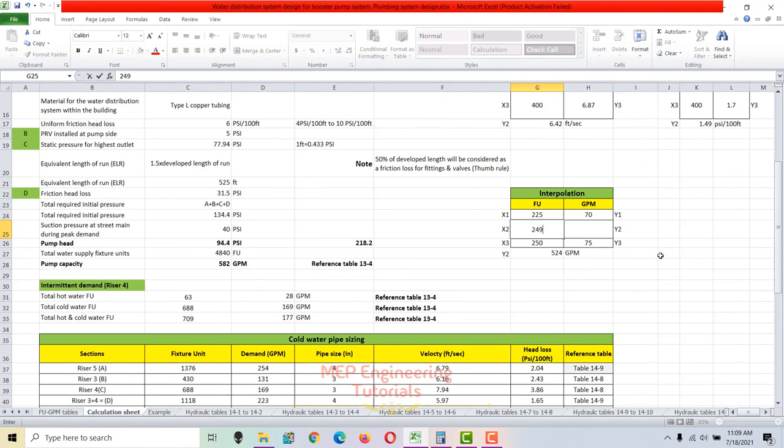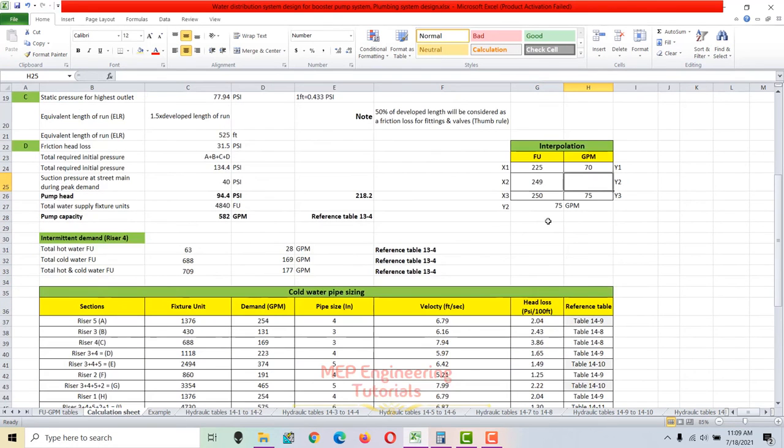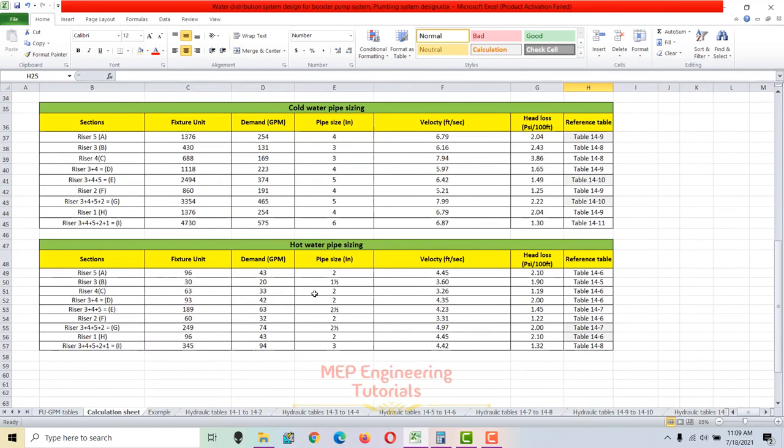We need to check at 249 fixture units how much the GPM value is. It's the same 75 GPM, so we are going to use 75 GPM here as well. Here we had used 74 GPM, so we will change this to 75 GPM. So we are going to use 75 GPM here.